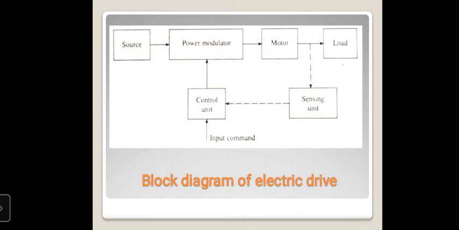Then we go to the next block, the motor block. How many types of motor are available? DC motor, AC motor.